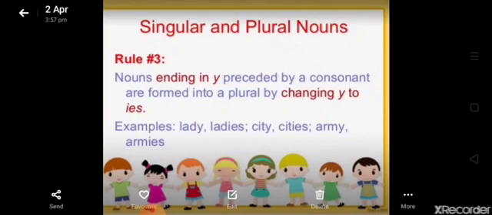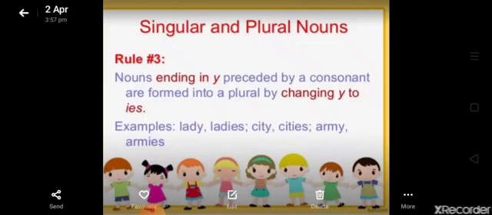Suppose for example, we can see lady. In front of the y we have d. So, d is a consonant. So, whenever a consonant is there before y, we should write ies.